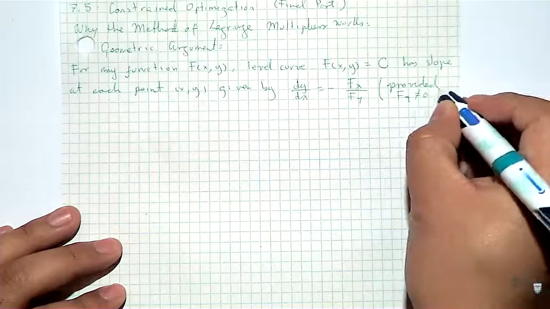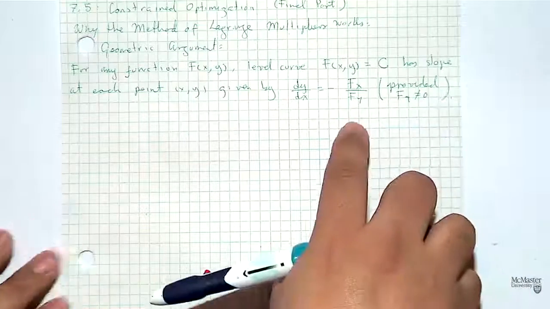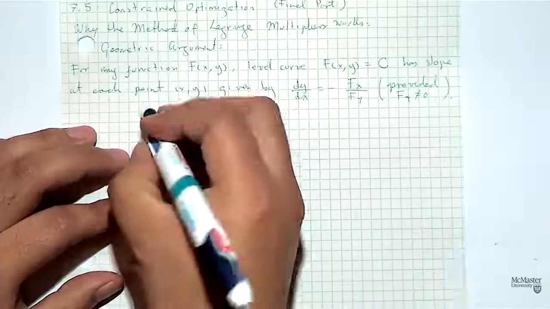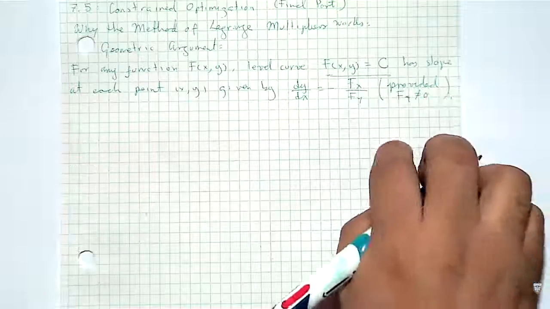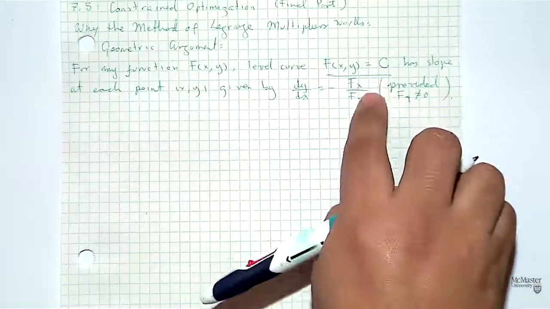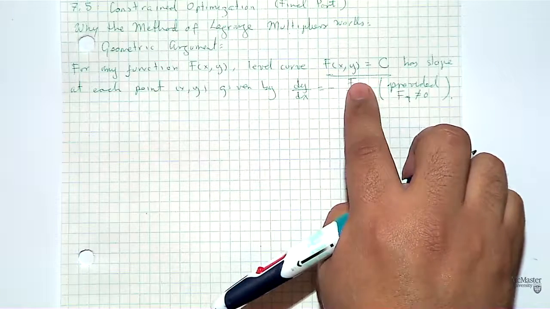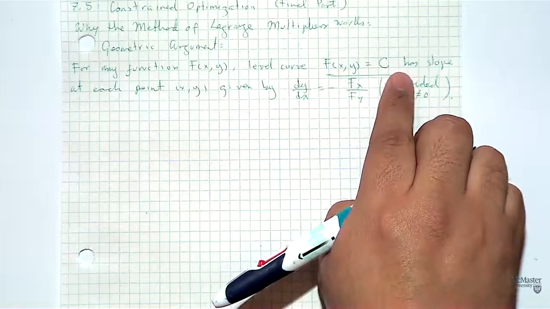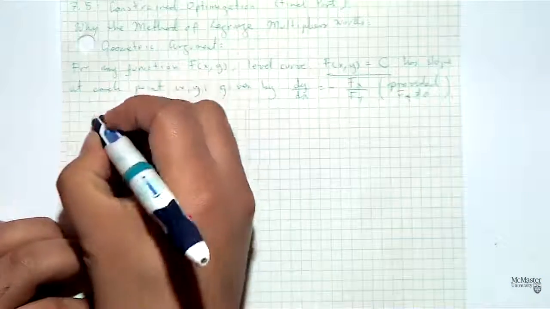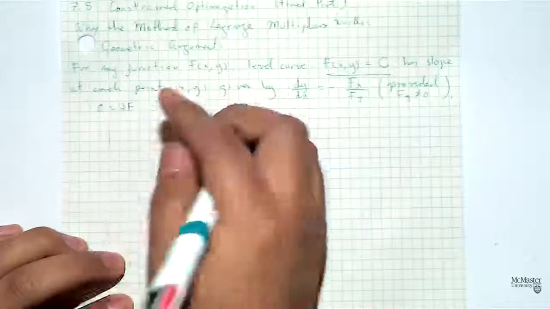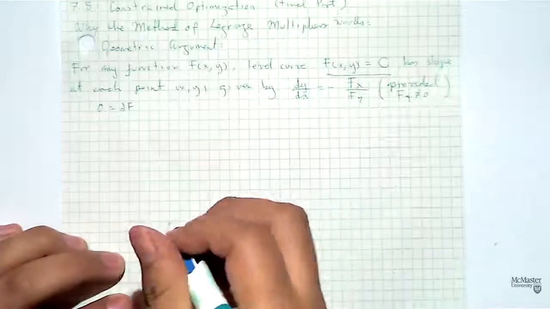Now, if you wonder where this formula comes from, there is an easy hand-wavy way of looking at this. Let's assume that you're on a level curve, which means that along the points in the level curve, F doesn't change its value and it's always c. So the change in F is 0, because it always takes the value c along the curve.